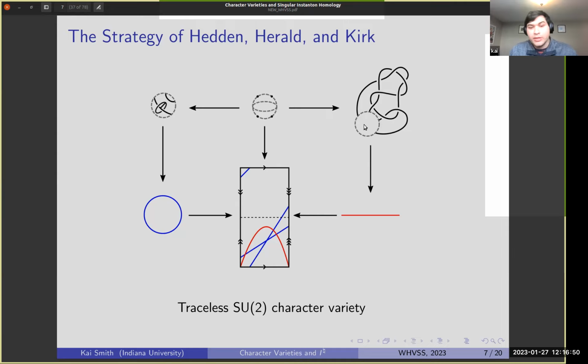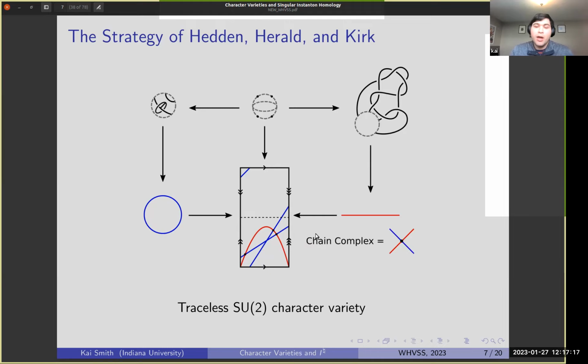And it turns out that these maps will always give us Lagrangians of our symplectic manifold. And the goal is to extract information from our original knot based on the interaction of these Lagrangians in the pillowcase. And so at least the naive idea about how to do that would be to take the Lagrangian Floer homology.